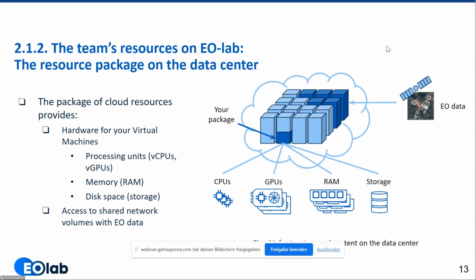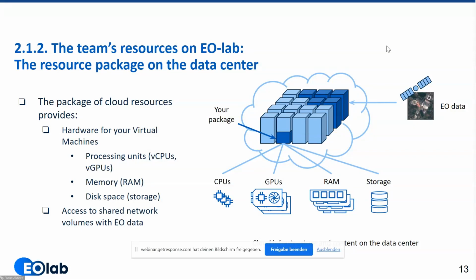So the resource package on the data center that we get is a small part in there. In the data center, you get CPUs, GPUs, RAM, and storage, and you can then decide how best to set it up and see how it fits your needs. And the access to the shared network volume with EO data is part of this.